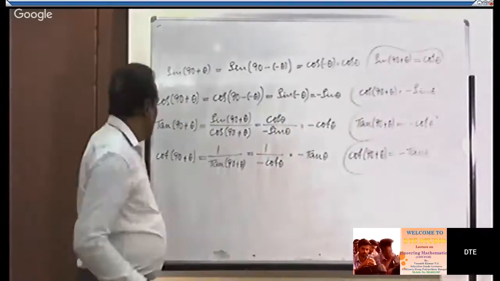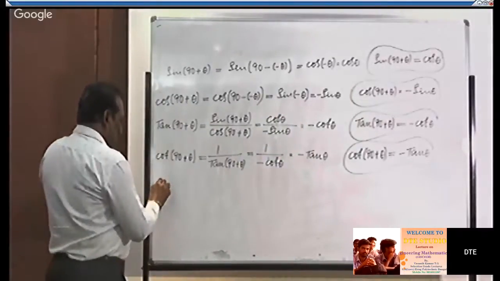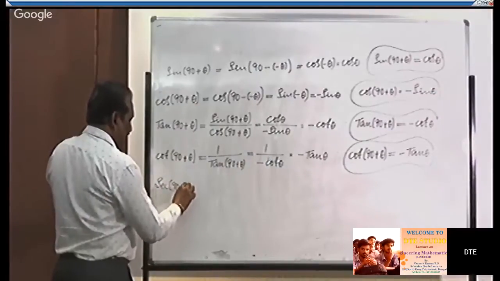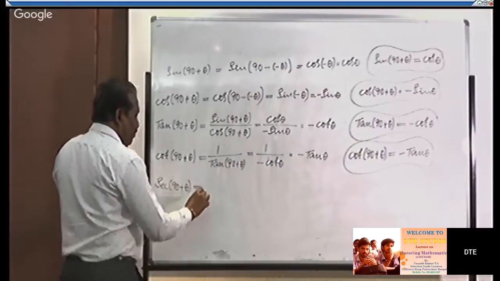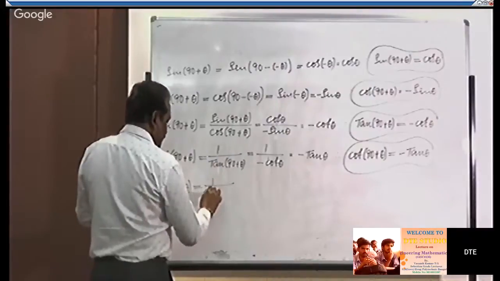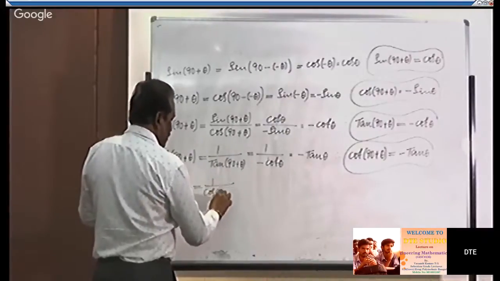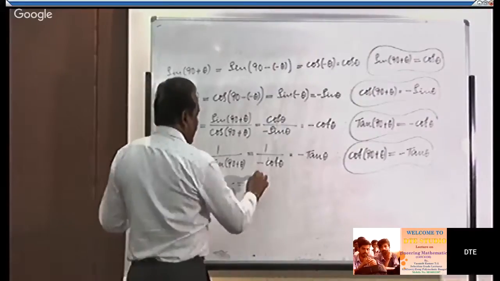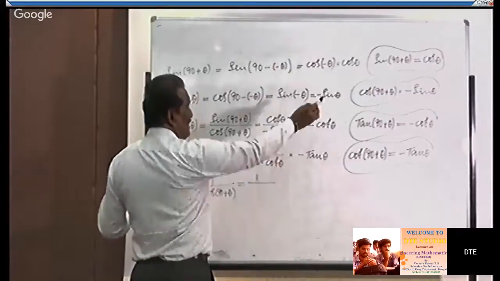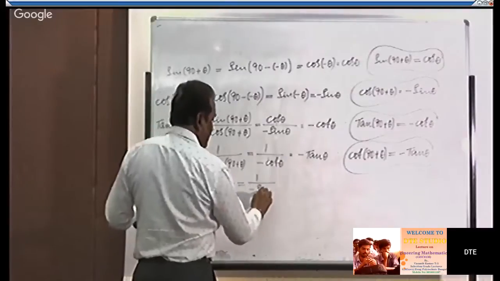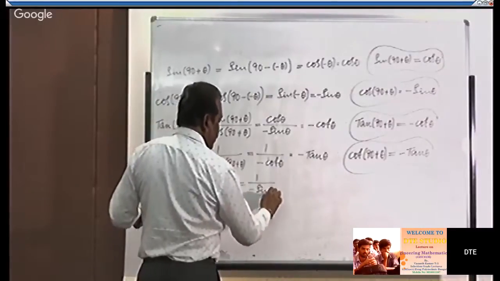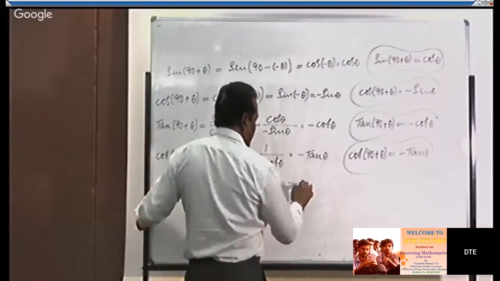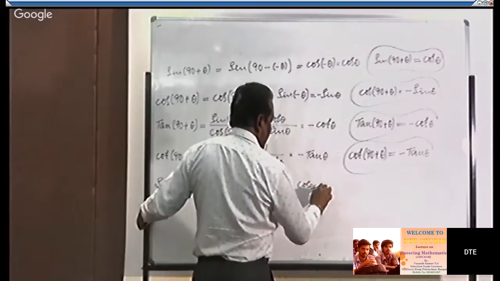Right? Now, secant of 90 plus theta. We know that secant is a reciprocal for cos. 1 by, we proved that the cos of 90 plus theta is minus sine theta, which is equal to minus 1 by sine theta, which means it is cosecant theta.